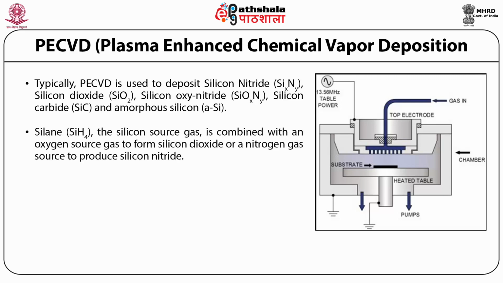Silane, that is the silicon source gas, is combined with an oxygen source gas to form silicon dioxide, or a nitrogen gas source to produce silicon nitride.